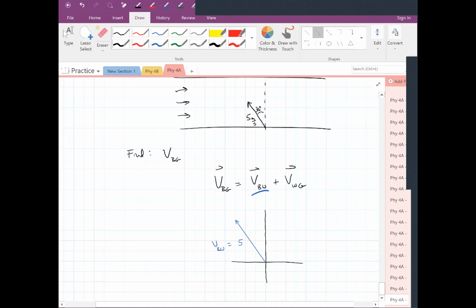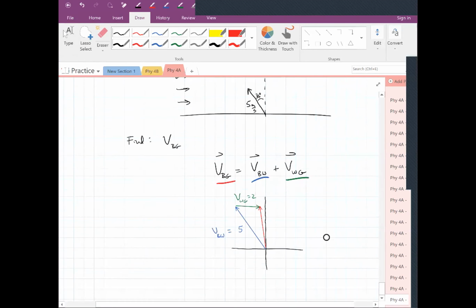I'm not really taking measurements here, but I think if I did, it would end up like that. And so where's my answer? My answer is going to end up being just a little bit upstream of straight across the river. It's not going to be straight across the river. It's going to be a little bit upstream.